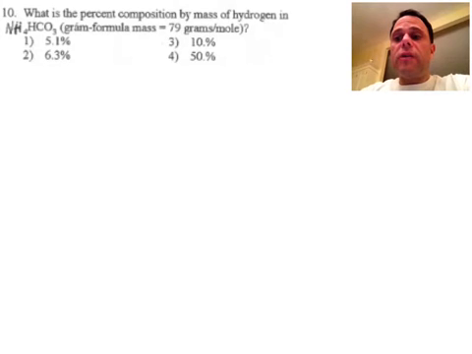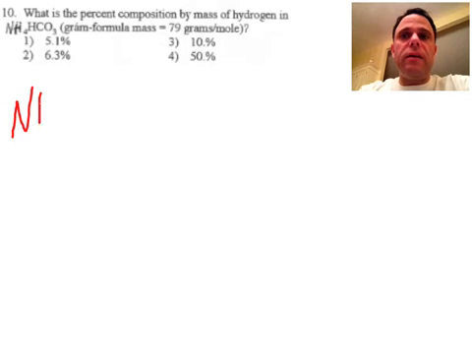For this next one, it reads, what is the percent composition by mass of hydrogen in NH4HCO3? It's giving you the entire mass for this substance. The gram formula mass is 79 grams per mole. So which portion of it comes from hydrogen?